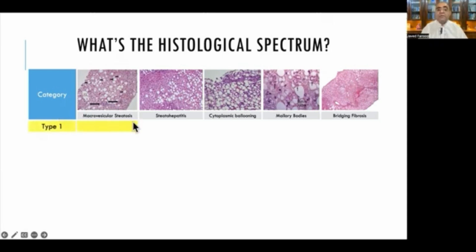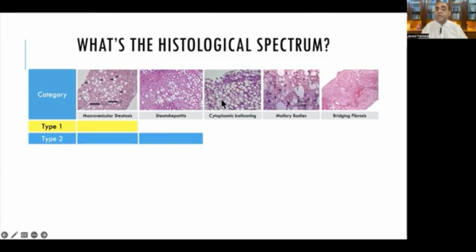In type 1, we see only macrovesicular steatosis. No other features. So this is type 1. In type 2 fatty liver disease, we see 2 features. One is the macrovesicular steatosis, and second is steatohepatitis.